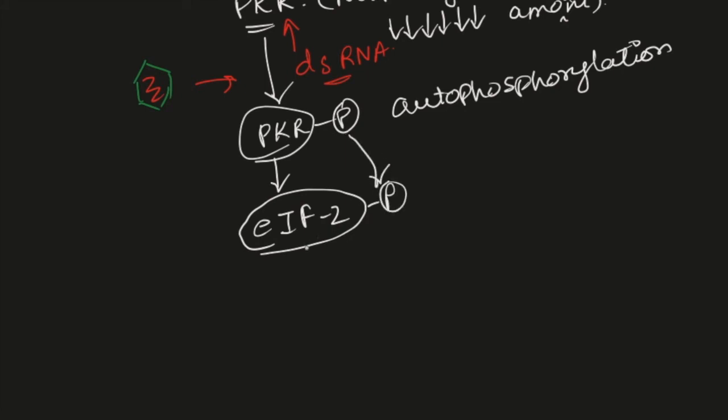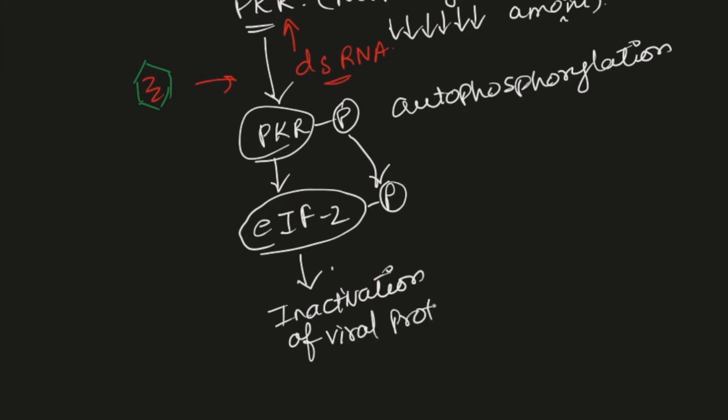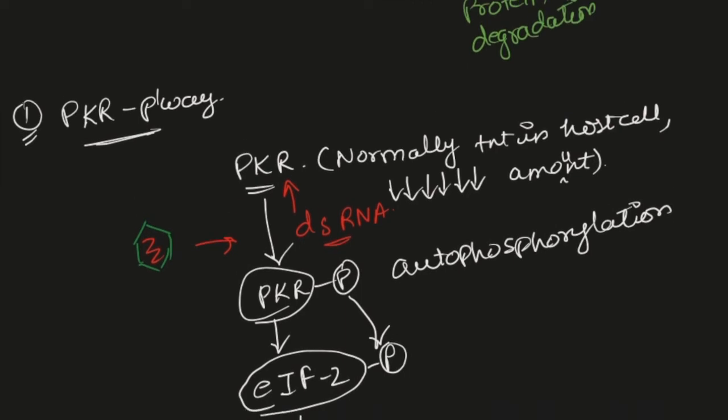It transfers its phosphate group to this particular protein moiety, and once it is phosphorylated, it leads to the inactivation of viral protein synthesis. So this is about the PKR pathway, which is basically initiated by the interferons.